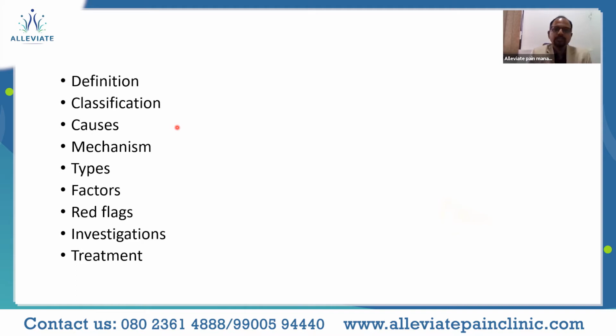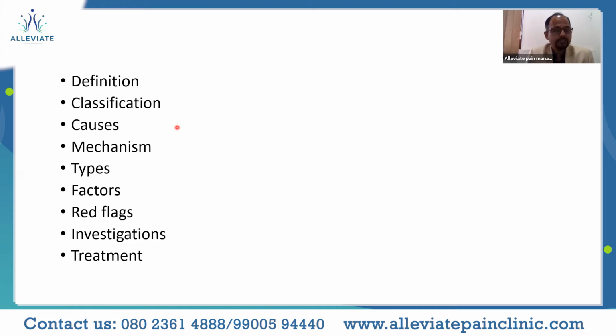So we will be dealing with the definition of failed back surgery syndrome and its classification, its causes, the possible mechanisms, why we have such a condition, the types and the factors which contribute to this condition, and the red flags to be noted as pain physicians when dealing with such scenarios.